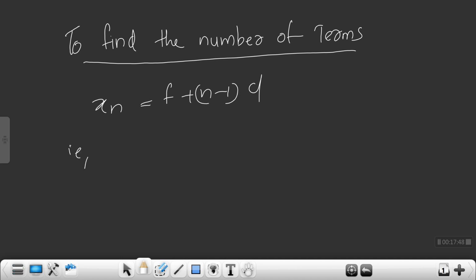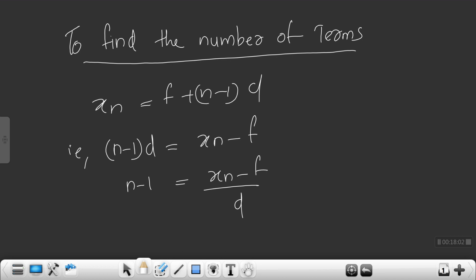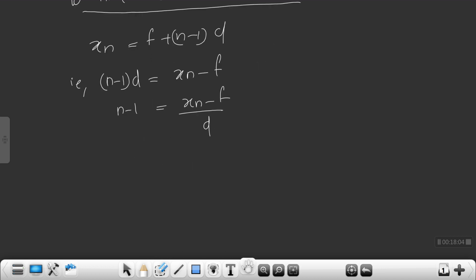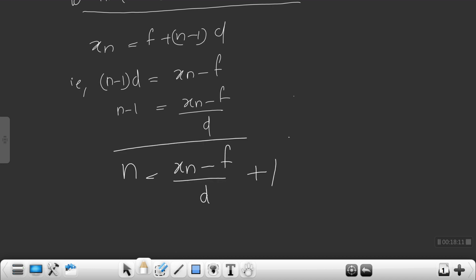That is, n minus 1 into d is equal to xn minus f, or n minus 1 equals xn minus f by d, or n equals xn minus f by d plus 1. If we want to find the number of terms of an arithmetic sequence, we can use this formula: n equals xn minus f by d plus 1.